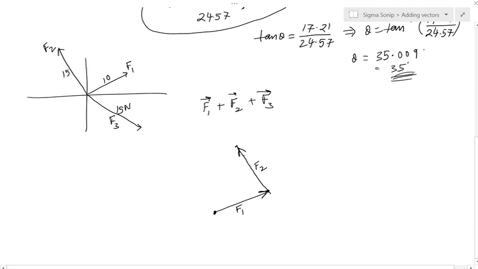It's becoming a bit messy, sorry. That's my F3. So you draw one vector, then another one, then another one, and that's my last vector. And the resultant will be from the starting point to the tip of the last vector. So that's my resultant vector. It's just to show the mechanism of adding vectors. And that's all in this video.